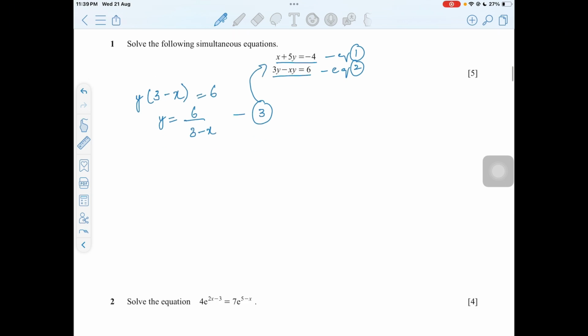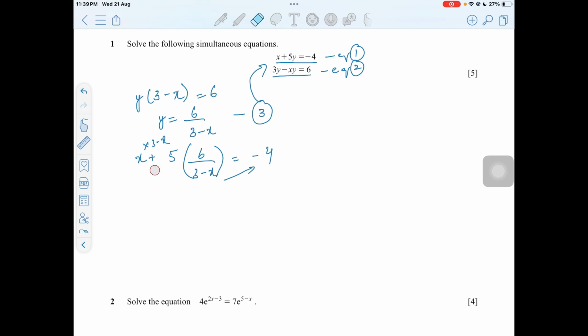So this would be x plus 5 into 6 over 3 minus x equals negative 4. Now as we solve this, we have to take the LCM, so this would be multiplied by 3 minus x, and this will be multiplied by negative 4, since it will be in the whole denominator, right?